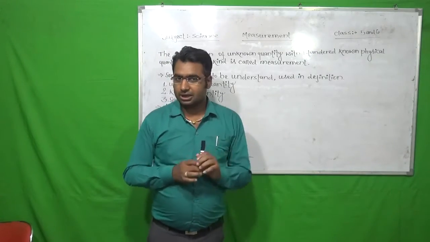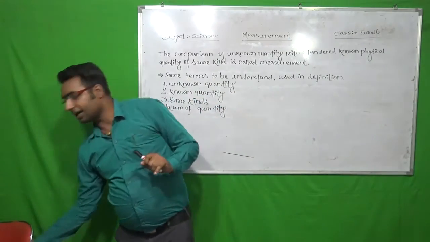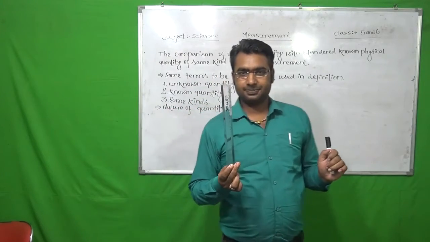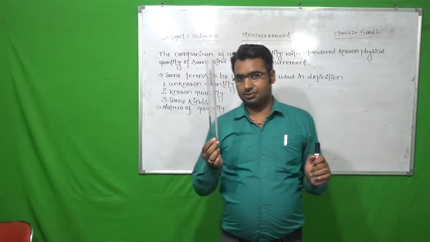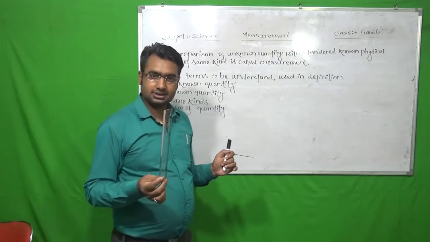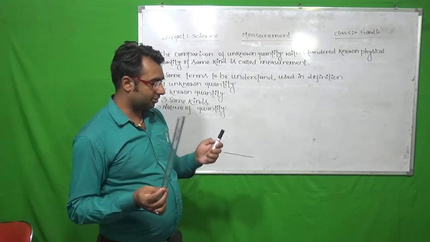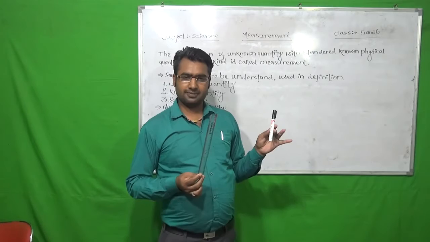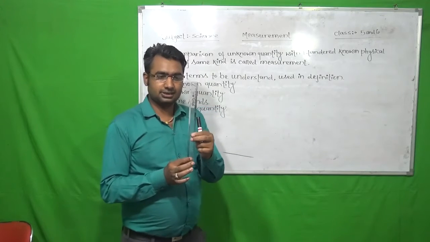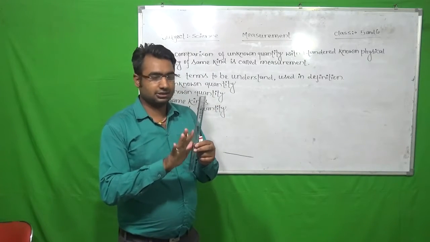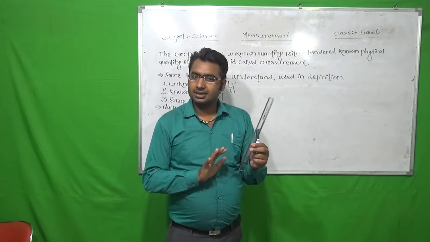Okay. Second one is known quantity. Known quantity means, suppose I have a ruler in my hand, which is an appropriate instrument to measure the length of this marker. So this ruler is considered as the known quantity. Why?